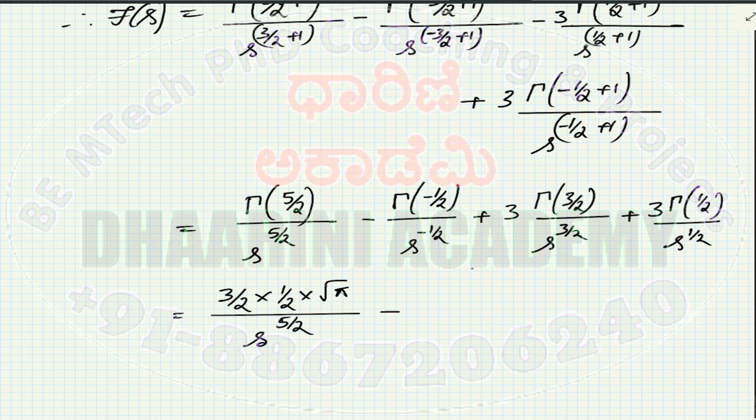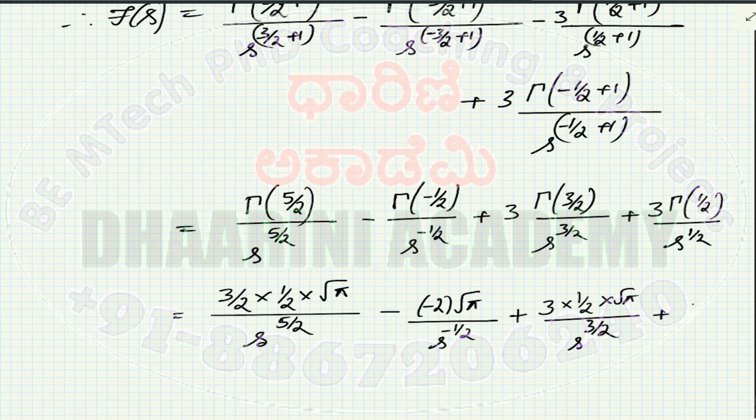Gamma of minus half is nothing but minus 2 times root pi, divided by s to the power minus half. Then plus 3 times gamma 3 by 2, which is 1 by 2 into root pi, whole divided by s to the power 3 by 2, plus 3 times gamma of half, which can be directly substituted as root pi divided by s to the power half.